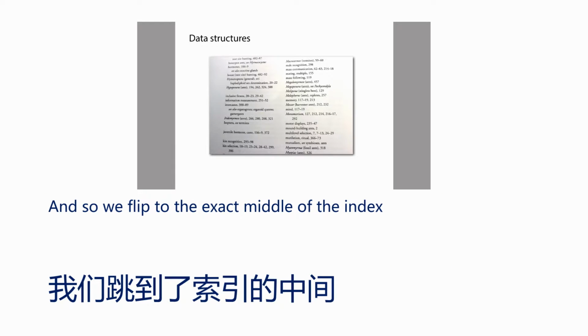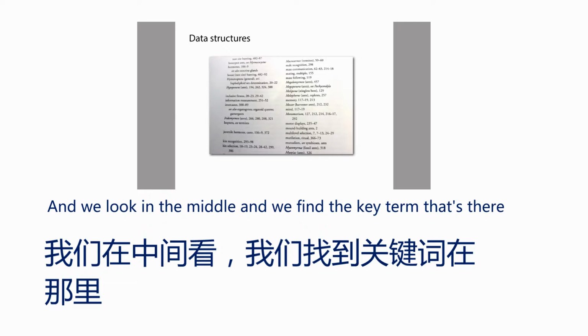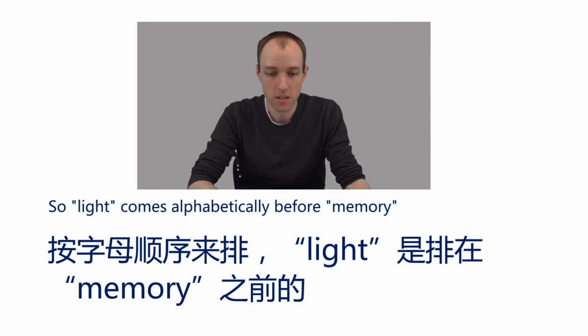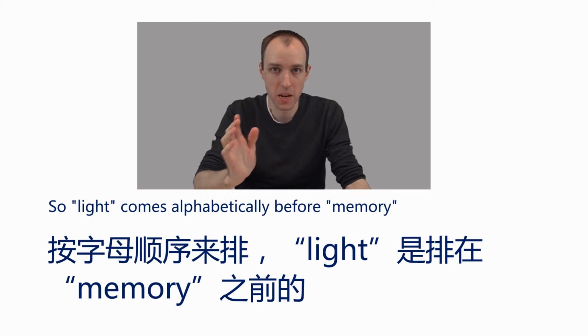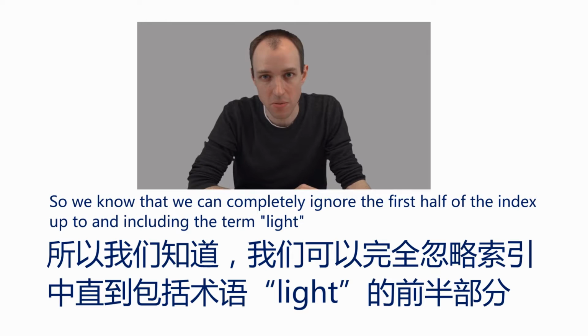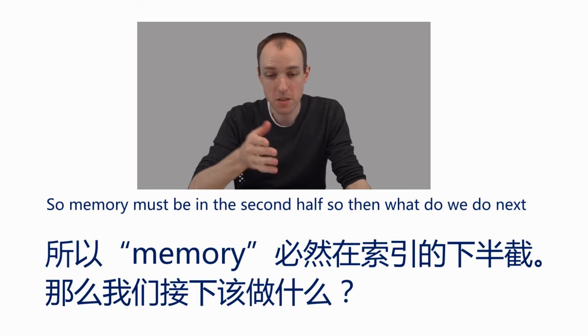We flip to the exact middle of the index, and we find the key term that's there. Let's say the term directly in the middle of the index is light. Light comes alphabetically before memory. So we know that we can completely ignore the first half of the index, up to and including the term light. So memory must be in the second half.